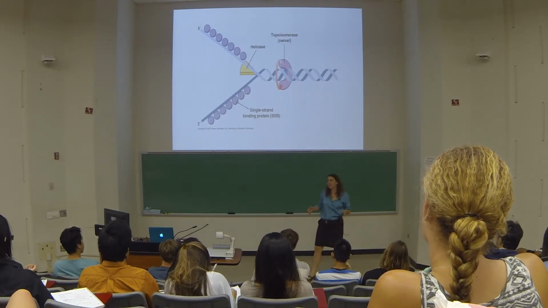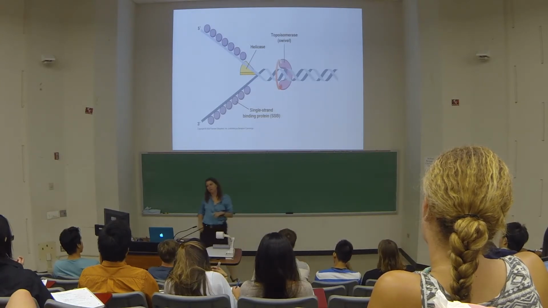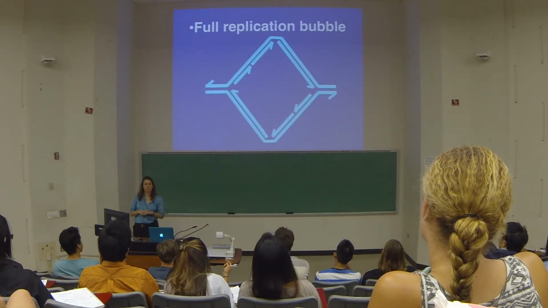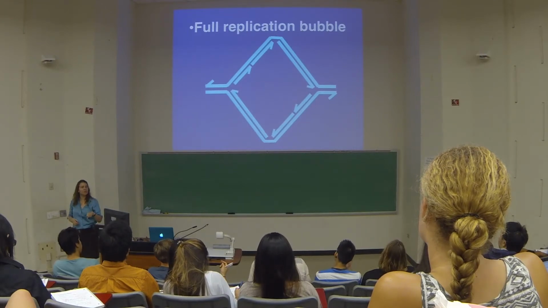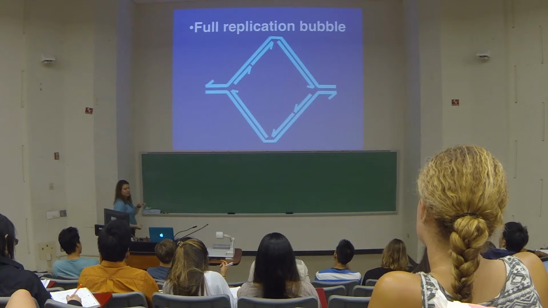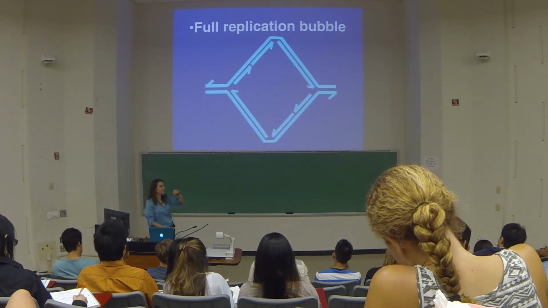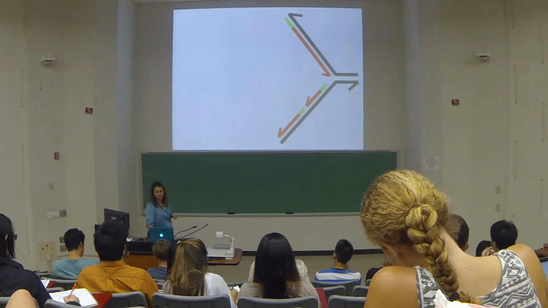So rather than this half bubble where you start at the end and pull it apart, what actually happens in cells are full replication bubbles. The helicase starts in the middle of the chromosome and creates a bubble. And because it's pulling apart in the middle of the chromosome, replication can happen in both directions.